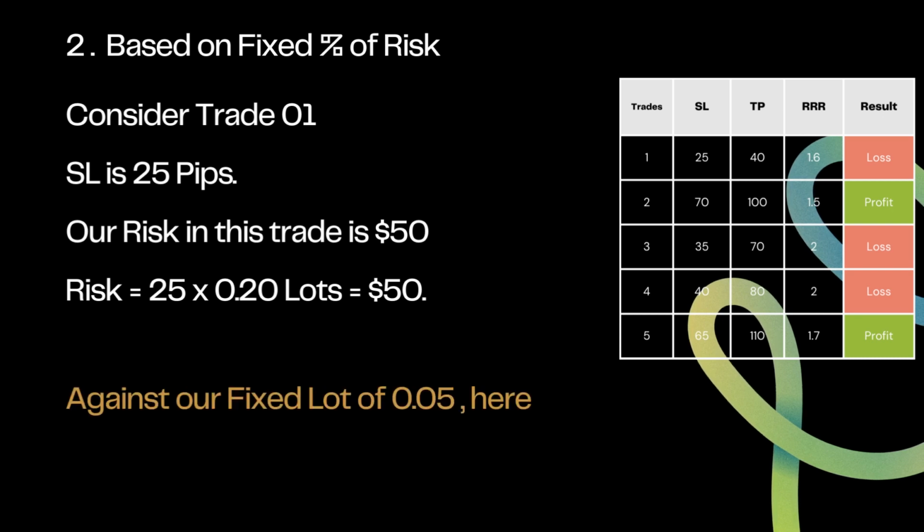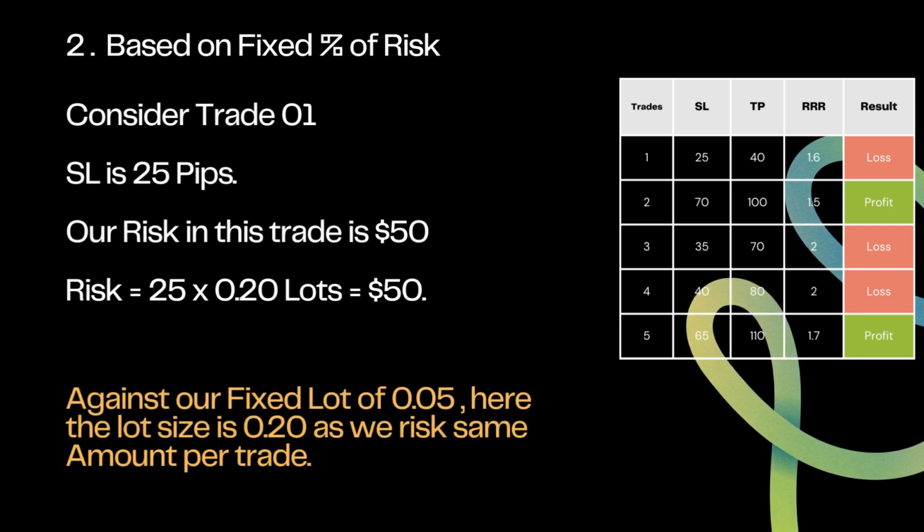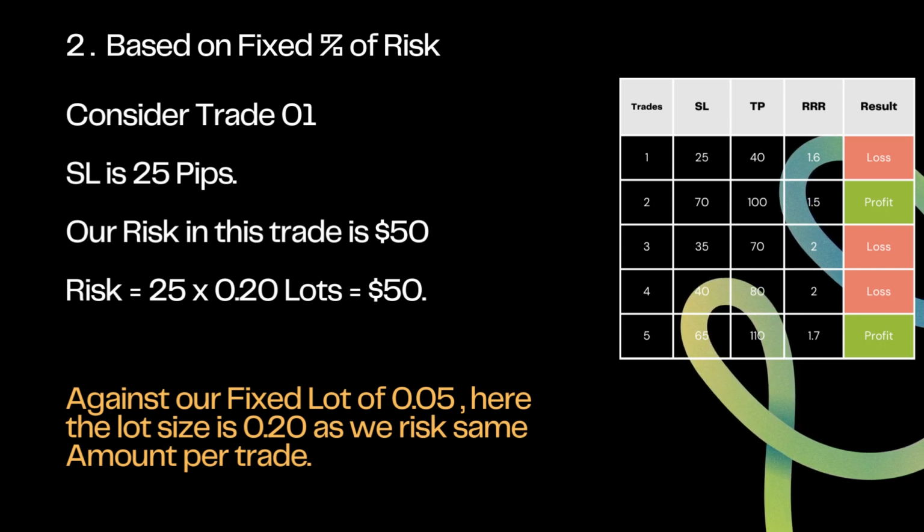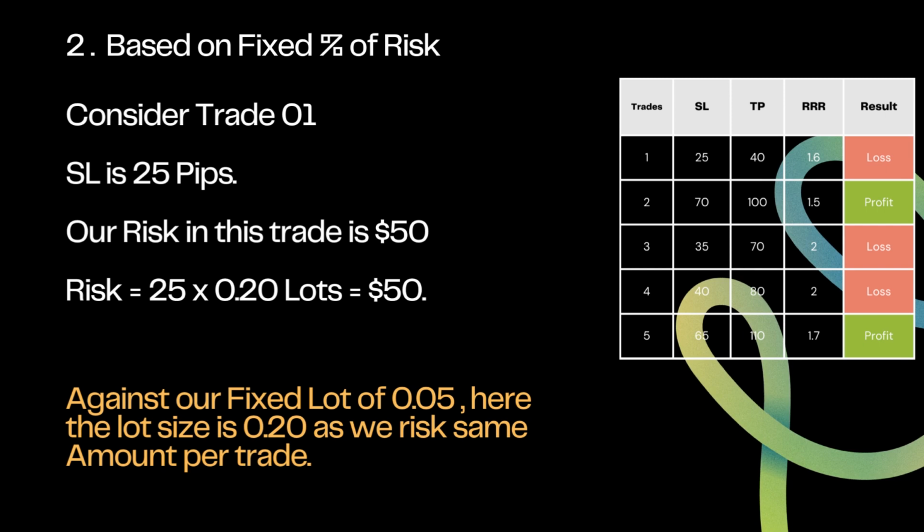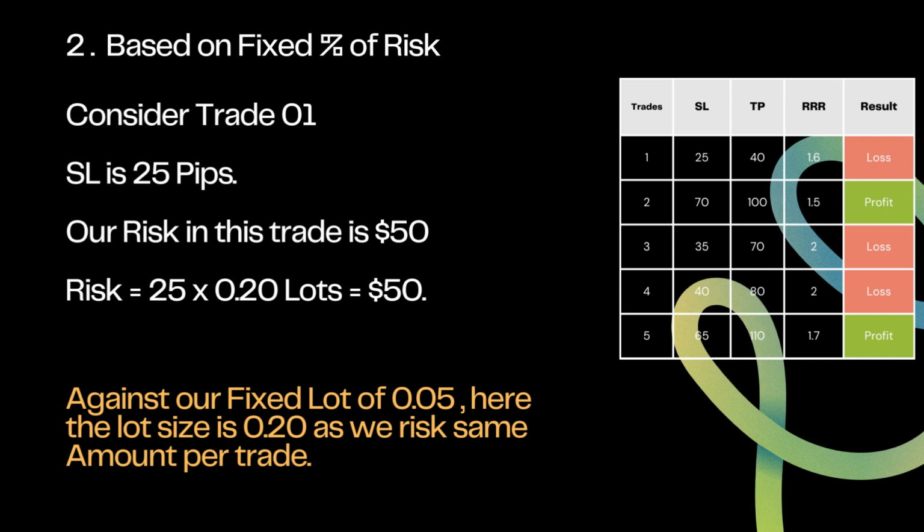So against our fixed lot size of 0.05 in our first concept, here we are considering a different lot size for every different trade. So we risk the same amount, and not a fixed lot. So that is the difference here. In our first concept we are risking a fixed lot size, whereas here we are risking a fixed amount.